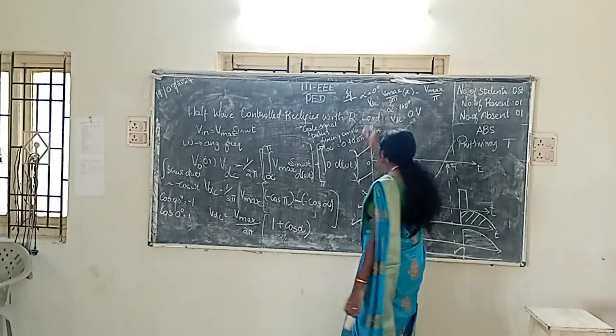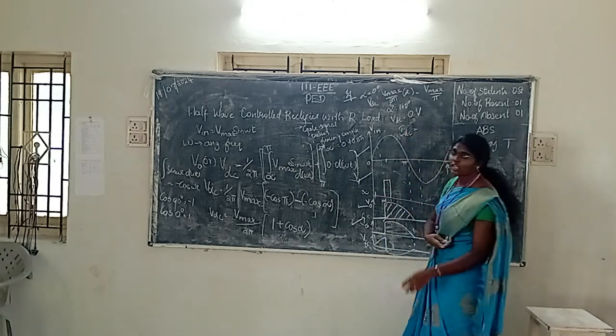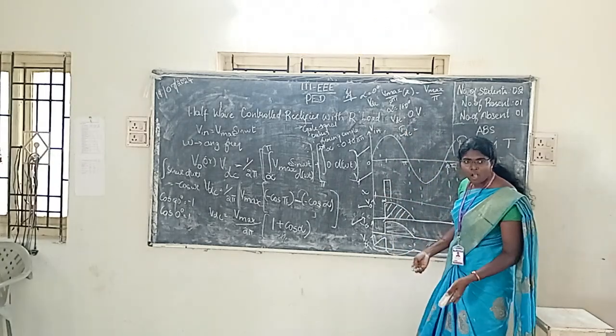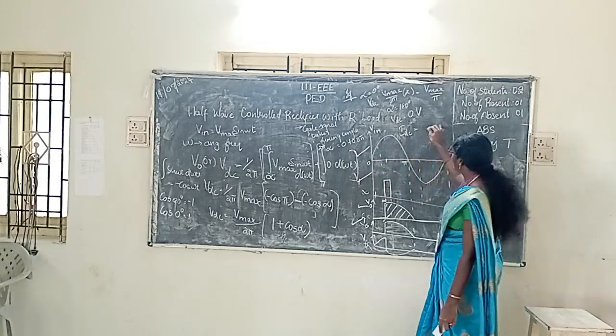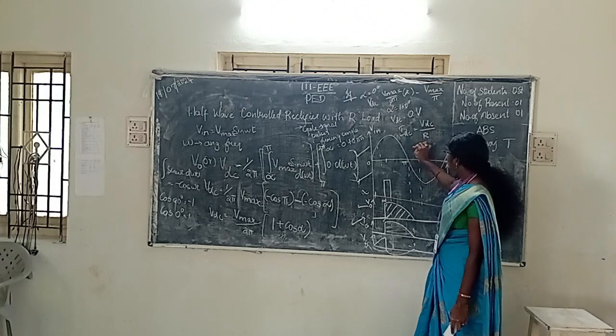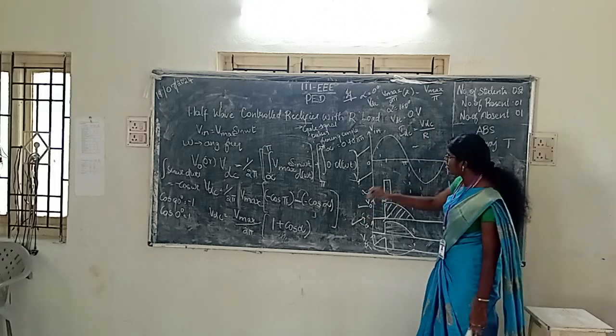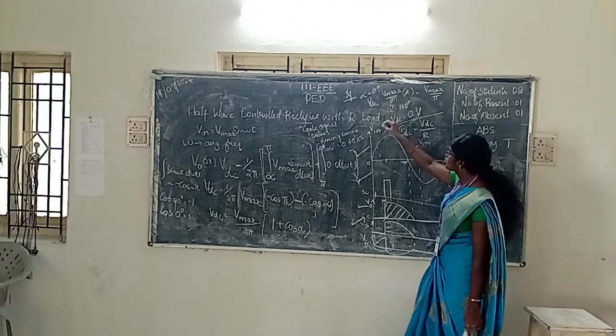So now, if you know the VDC, what is the formula for IDC then? I equal to V by R, since I am using a resistive load only now. What is my V? VDC by R. So what is my VDC that I have calculated? V max by pi. This is just a condition, okay? When alpha is 0 degree.